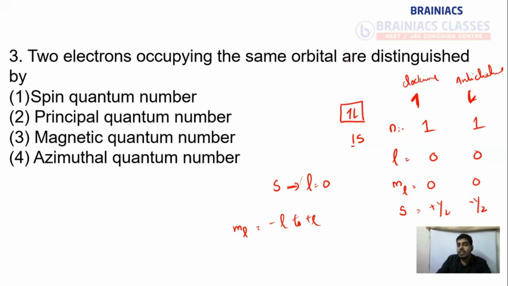So two electrons occupying the same orbital are distinguished by spin quantum number, because they have the same principal, same azimuthal, and same magnetic quantum number. Only the spin quantum number differs.